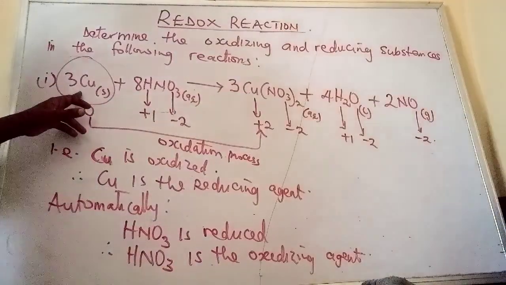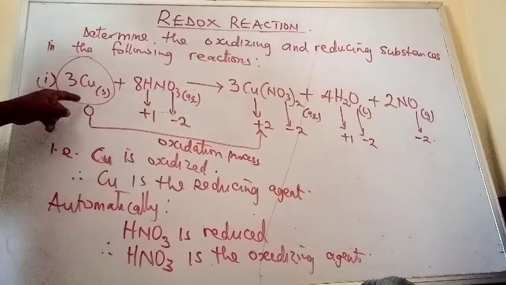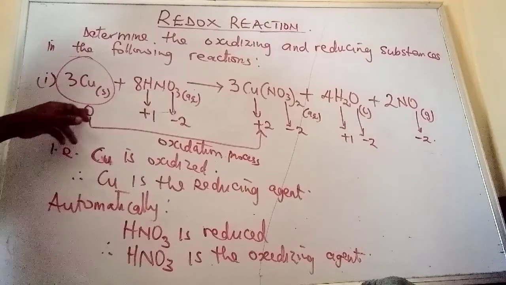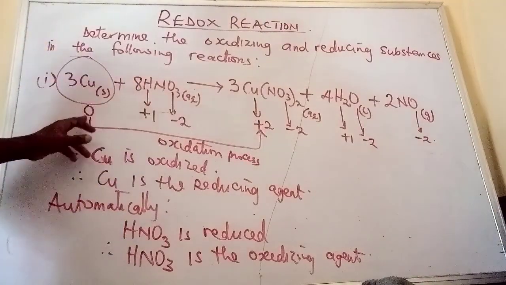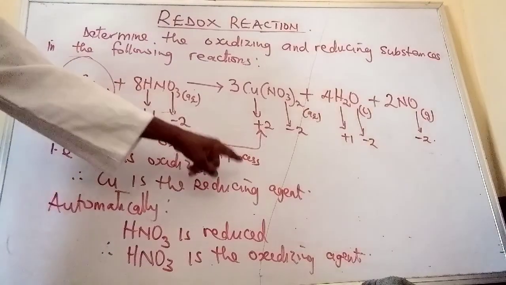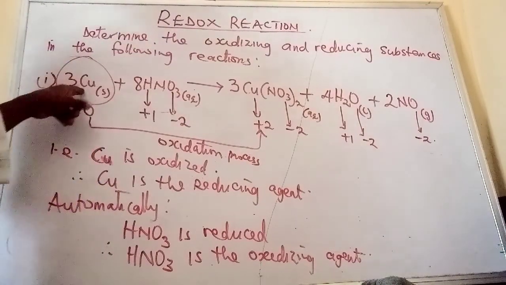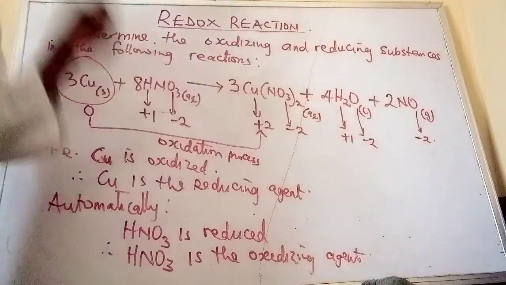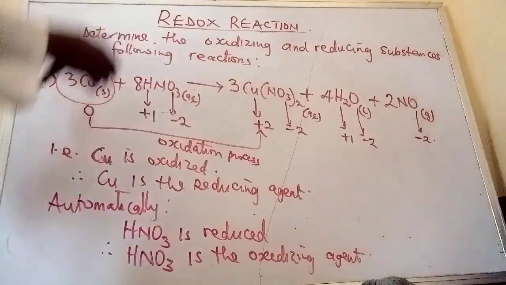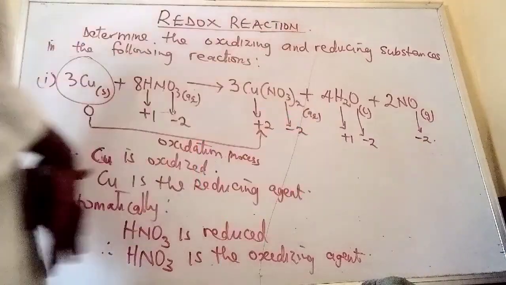So copper has been identified because it has been oxidized, from 0 to +2. That is oxidation, an increase in oxidation number. And an oxidation process shows that this substance has been oxidized. I told you in that note to look for your oxidizing and reducing agent on the reactant side. It's not on the product side.